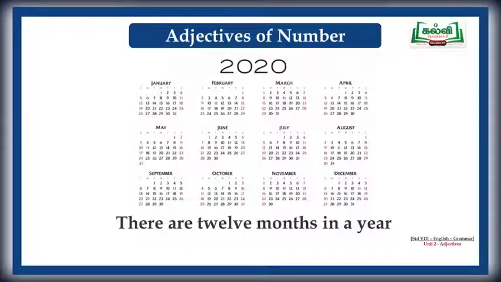See this picture, you know very well this is nothing but just a calendar. Here there are 12 months in a year. Here months is a noun, and how many months are there? Do you know? Exactly right, there are 12 months in a year.